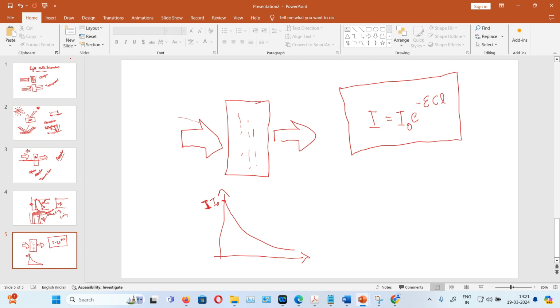Epsilon is a constant which depends on the absorbing material, called the molar absorption coefficient, and c is the concentration of this material. If it is a liquid, this will be the concentration, and l is the length of the material.